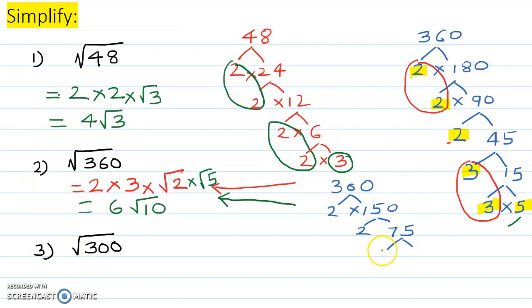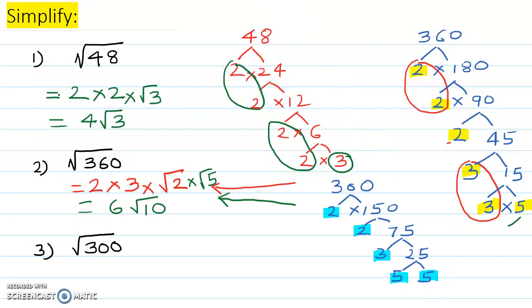Now you cannot take 2, let's take 3. 3 and 25. Now you cannot take 3 here. Let's take 5. 5 times 5 is 25. So our prime factors are these ones: 2, 2, 3, 5, and 5.